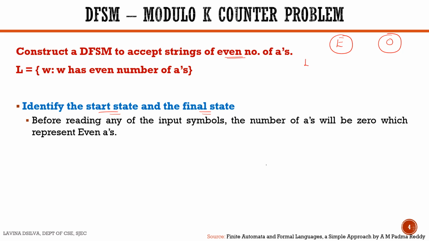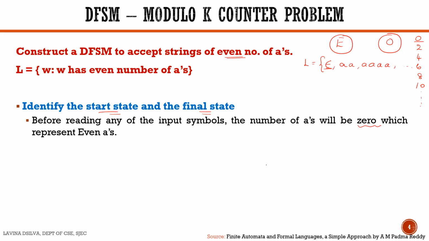We can have L equal to the even strings: these are the numbers of A's which we can have. So it's epsilon, which represents 0. It will be 2 A's or 4 A's, and so on. The first string in the language is epsilon.